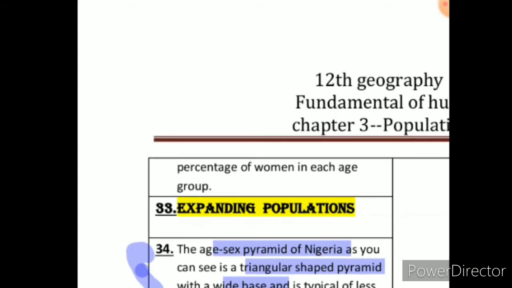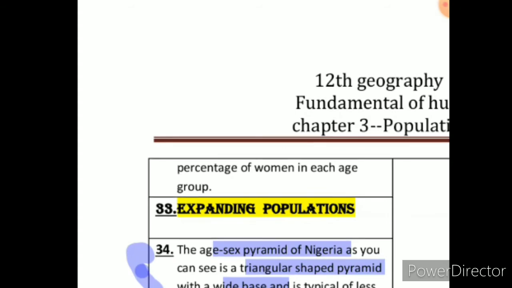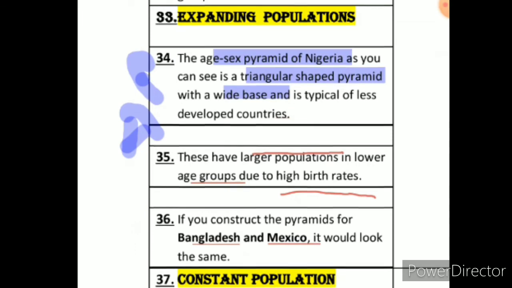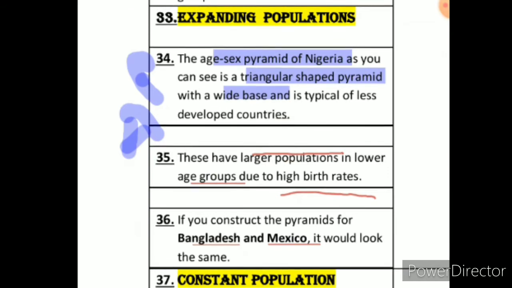But if you construct the pyramid of Bangladesh and Mexico, Bangladesh is in Asia and Mexico is in North America, right? Here you find a different type of pyramid. And if you see Australia's age sex pyramid, it's just like a bell shape, right?